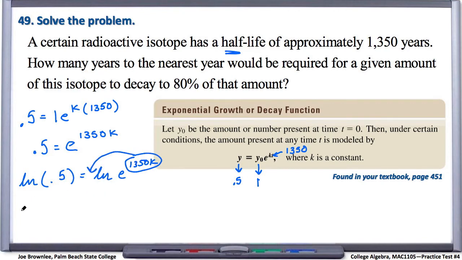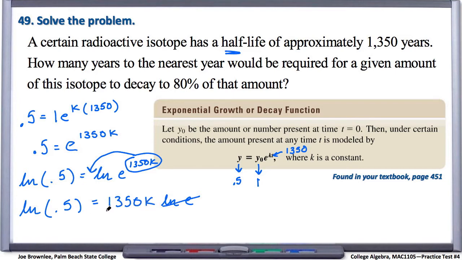So we end up with ln of 0.5 equals 1350k times ln of e. As we've seen in previous videos, ln e is simply 1, so we can get rid of it. Now we're left with ln 0.5 equals 1350k.